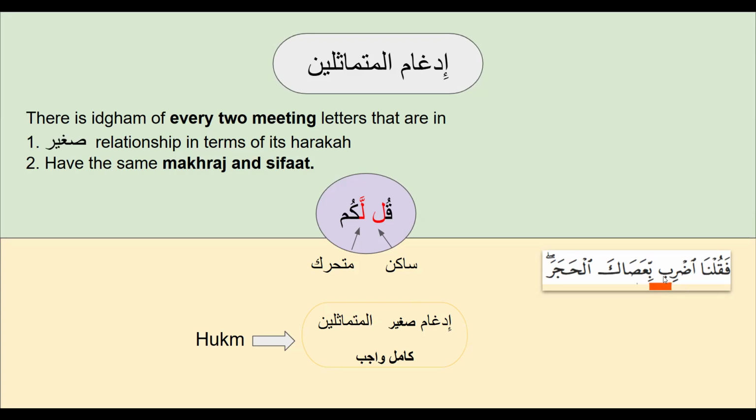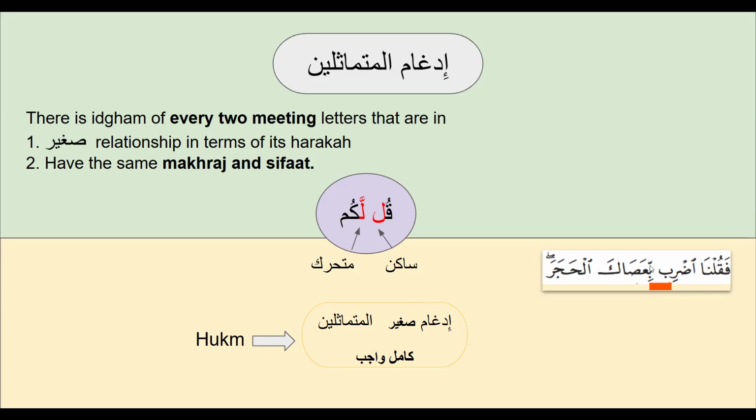There's another example given. The ba is merging into another ba after it. The first ba is sakin. It is not carrying any sukoon because this is an indication it's been merged into the ba after it, which is mutaharrik, and this ba has a shadda on top of it.